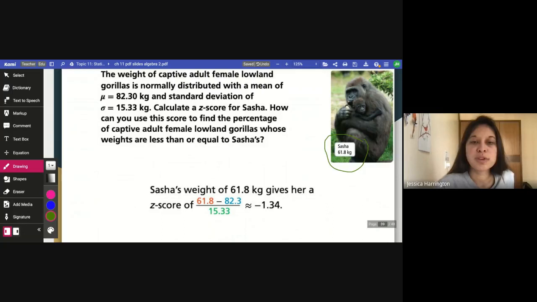So Sasha's z-score is the weight, 61.8, take away the mean, 82.3, divided by the standard deviation. It's approximately negative 1.34. That means she's a little less than the mean, a little more than one standard deviation to the left of the mean. So that might mean she's falling in that underweight category.